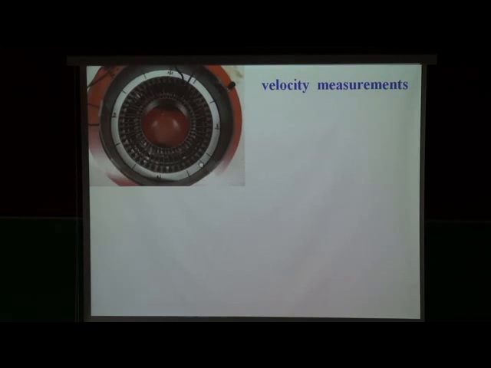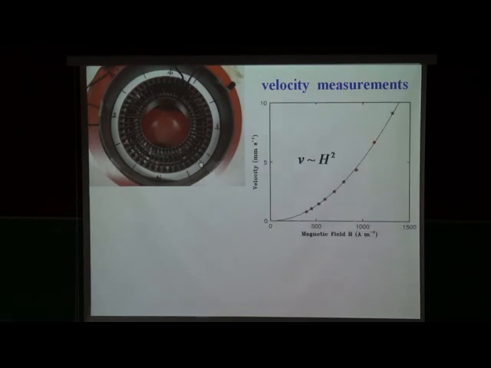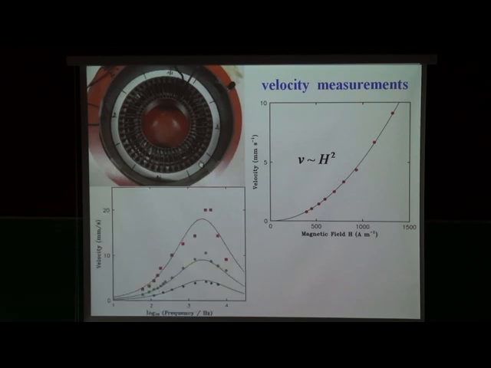Now, how can one understand that? Well, first we measured the flow velocity as a function of the applied field strength for one driving frequency. And you see that it's going with the square of the applied field. Then we measured the flow velocity for a channel of 10 millimeter diameter as a function of the driving frequency. And you see that here is a maximum, and then you are getting a decay.